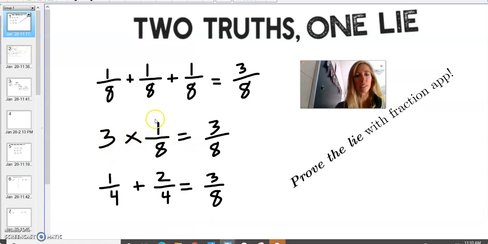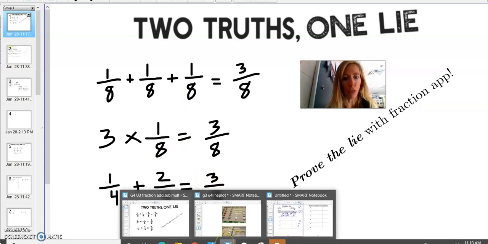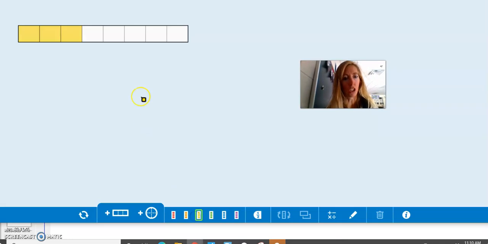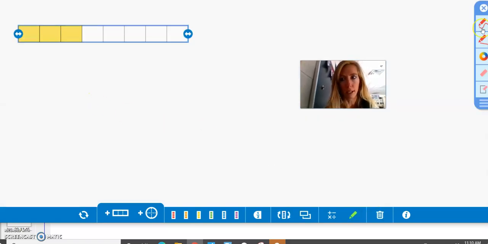3 times an 1/8. So what's happening 3 times? An 1/8 is happening 3 times. I have 3 of the 1/8s right here.